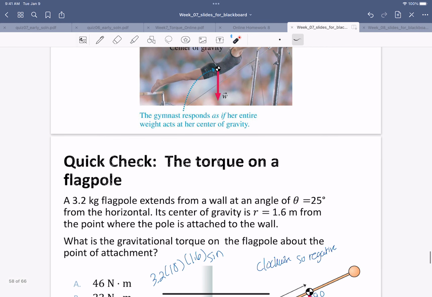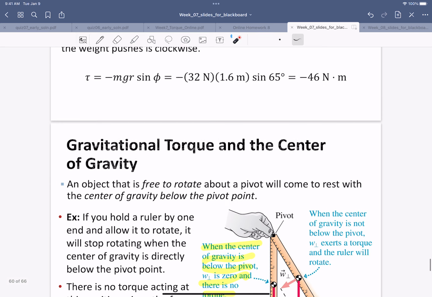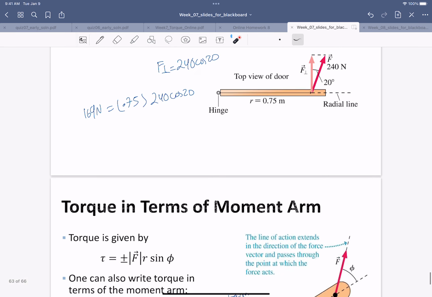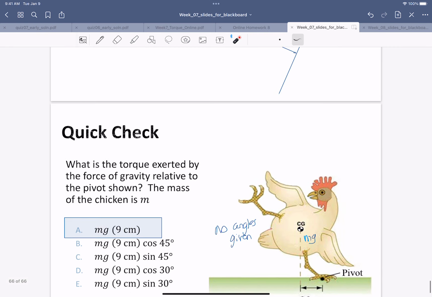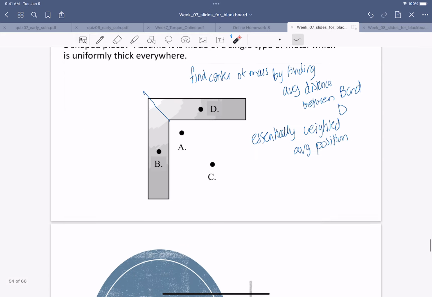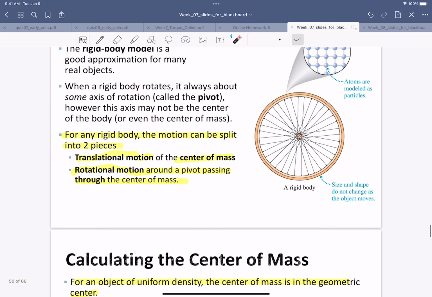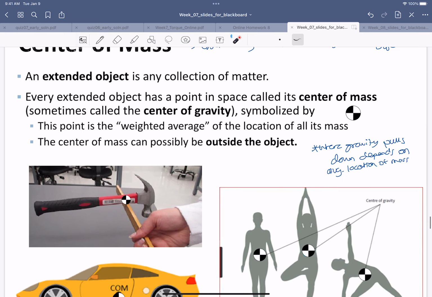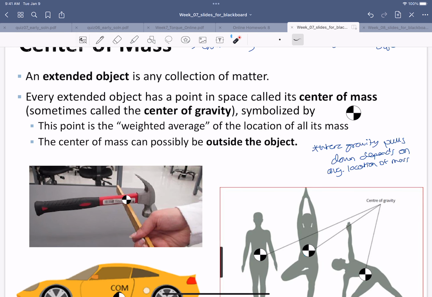Yeah, I think it's probably just center of mass that's left. For center of mass, it's the weighted average of the mass of the object, basically.